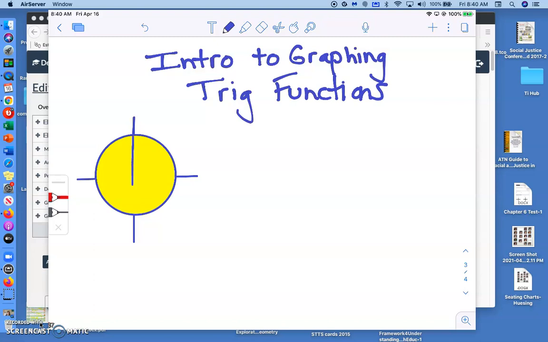So I'm going to redraw that axis through here. We're going to pretend it's centered, and so we said we have the coordinates (1, 0), (0, 1), (-1, 0), (0, -1). And then yesterday we also were looking at our 45-degree angles. So we could draw all those into our circle.